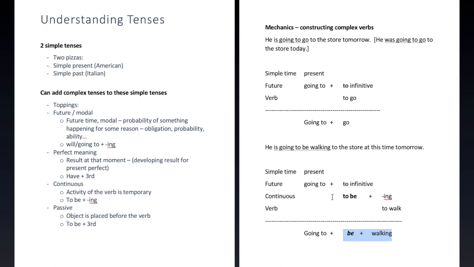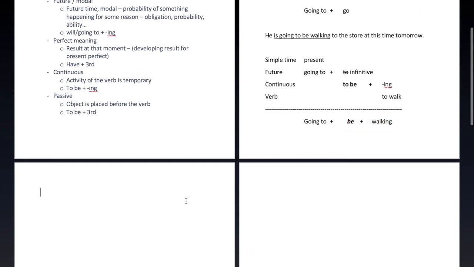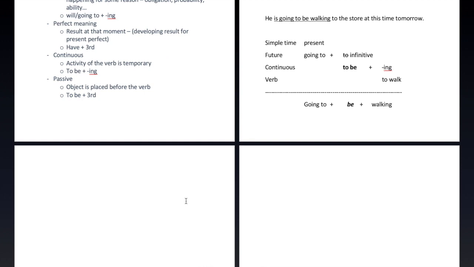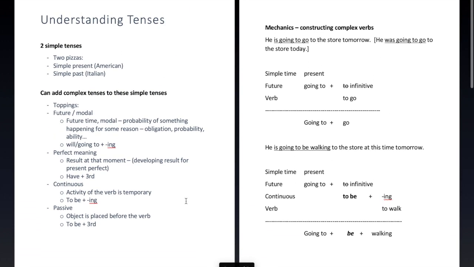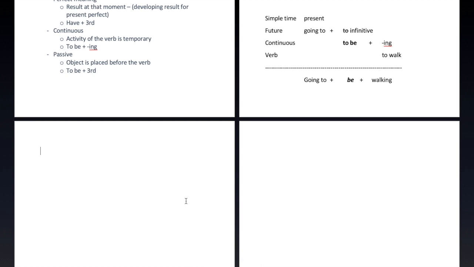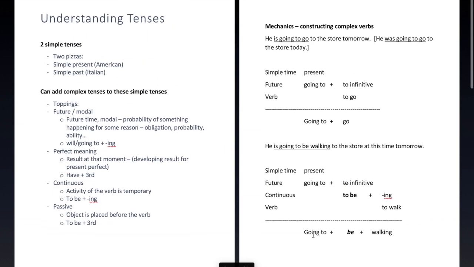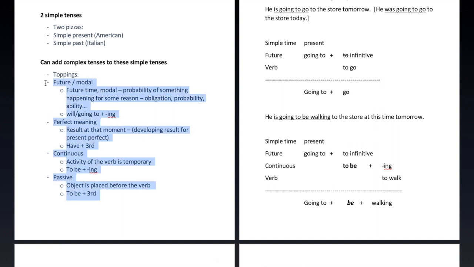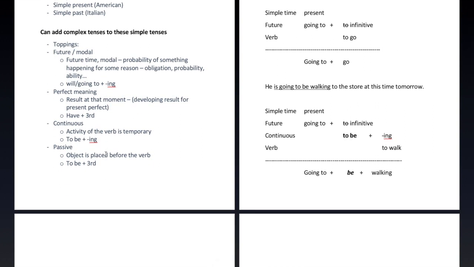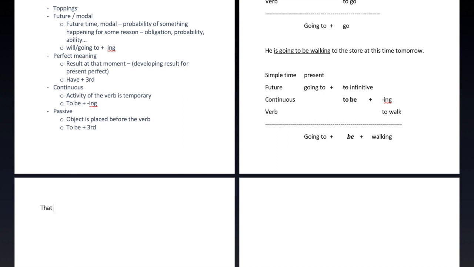All right, we can just do one more example where we look at a very complex case. So let's look at a sentence where we combine basically all of these right here. So we could say, that building will have been being constructed for 9 months next week.